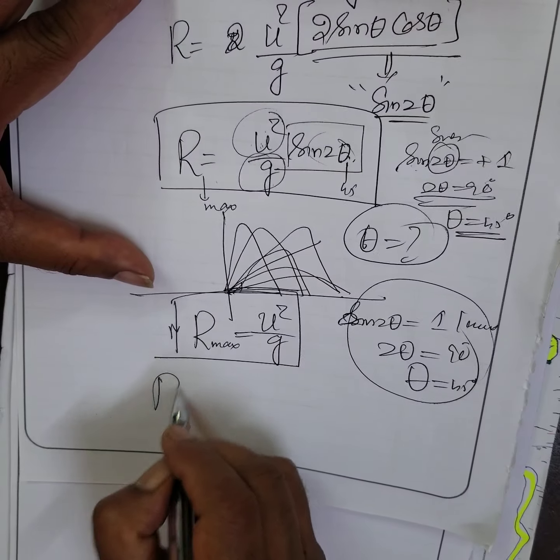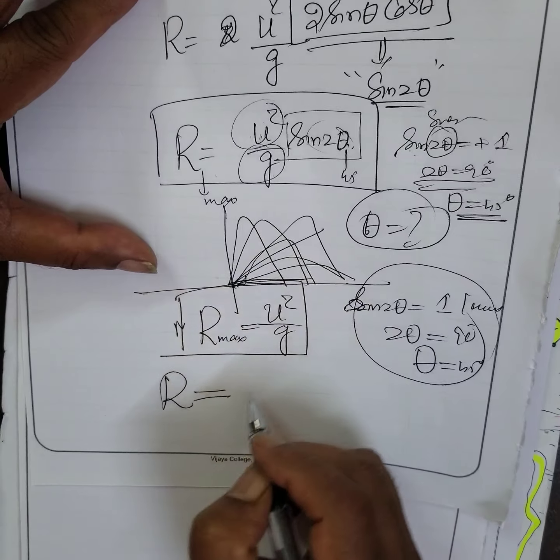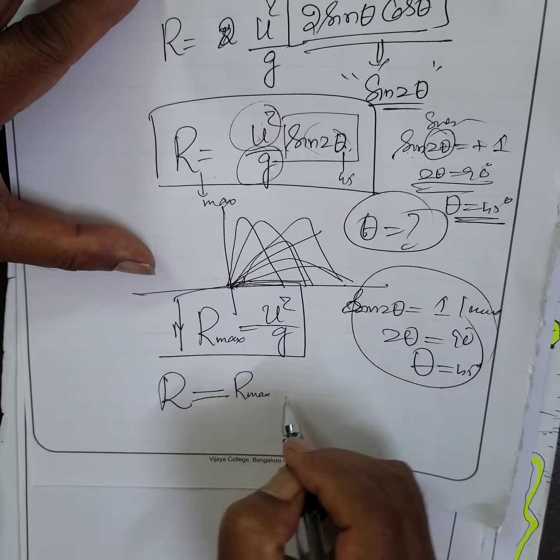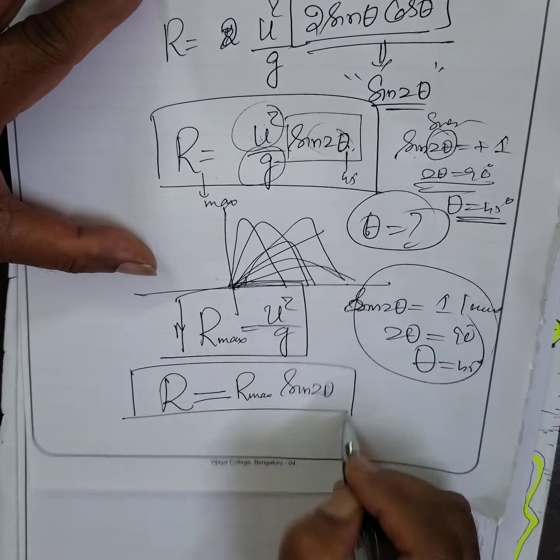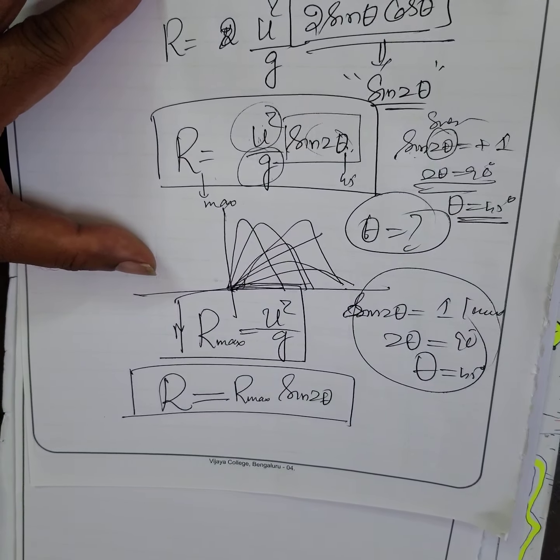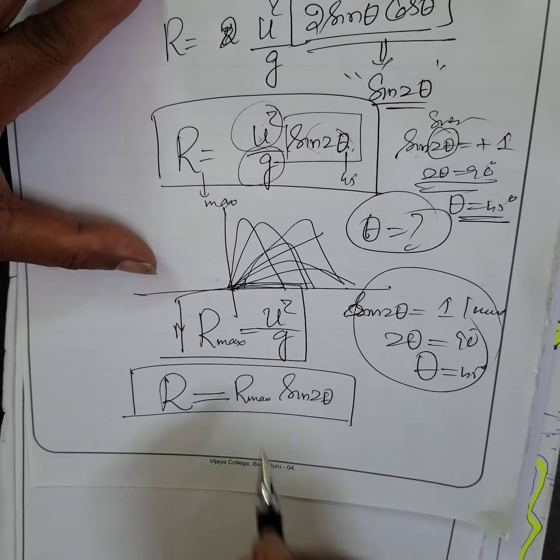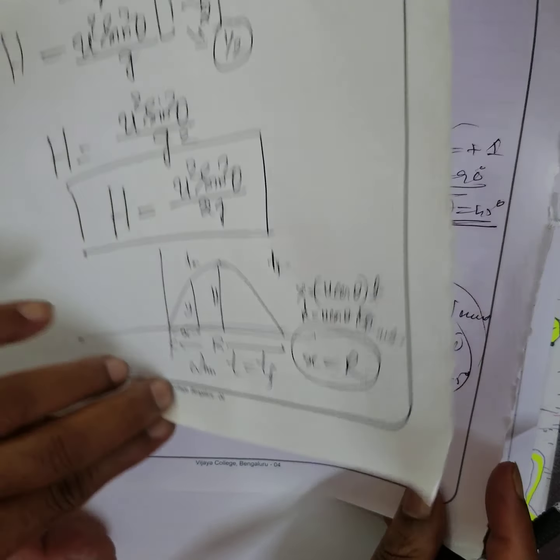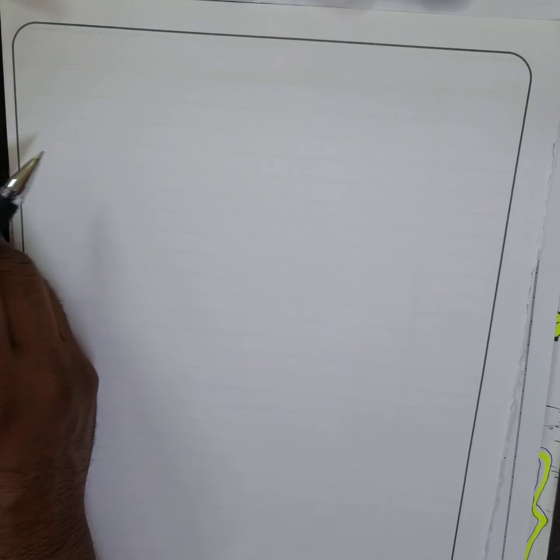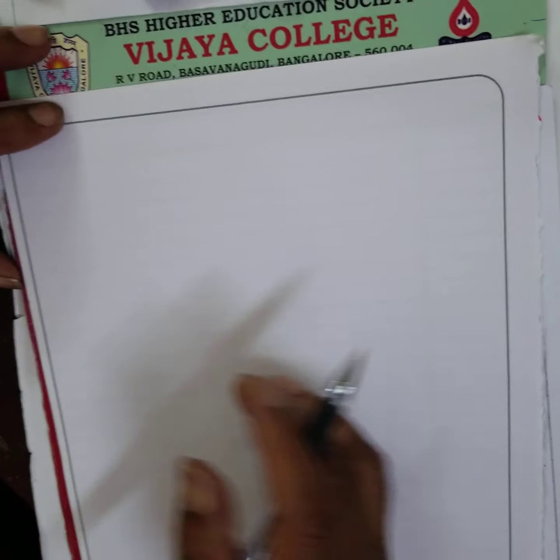In general, range is equal to R maximum sin 2 theta. Understood? Where R maximum is equal to this value. Now you have to remember all these formulas.